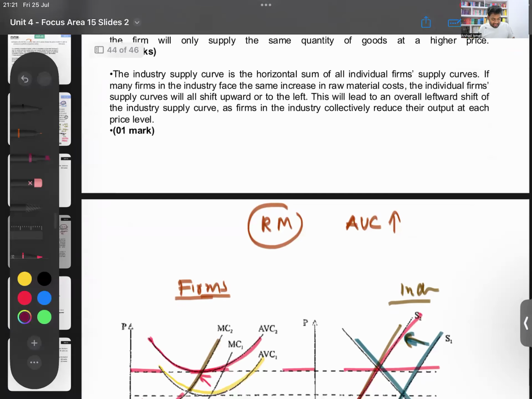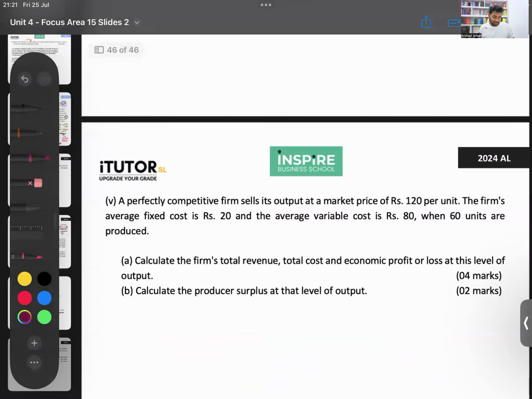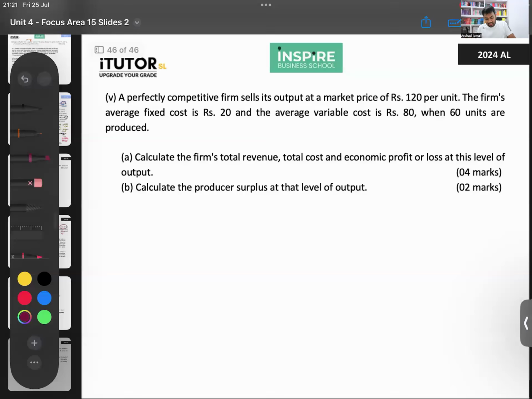So that is done. Then we come to the last one, an easy one. Question number 5. A perfectly competitive firm sells its output at the price of 120.